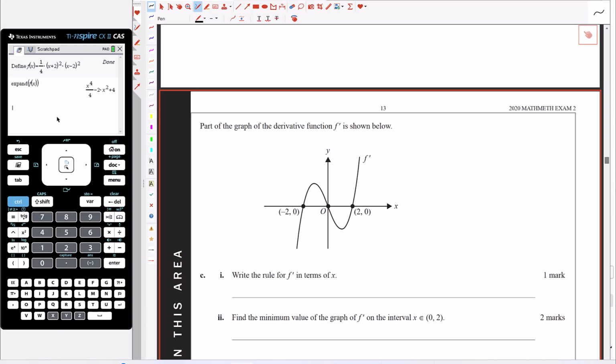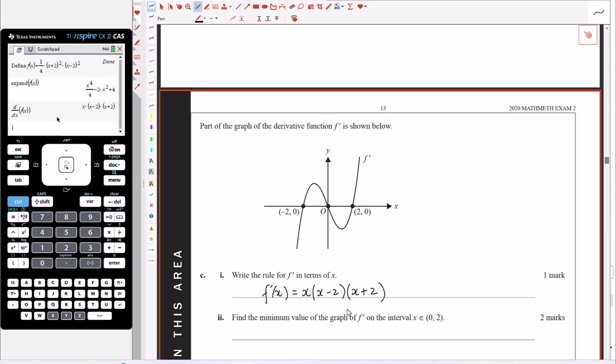Okay, well I could just differentiate my function up here to get the derivative. Let's see what form it gives it to me in. Okay. So f dash x is going to be x times x minus 2 times x plus 2, which also fits with that diagram.